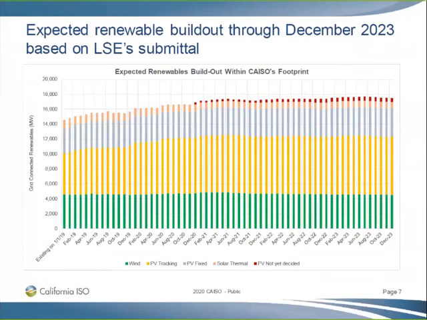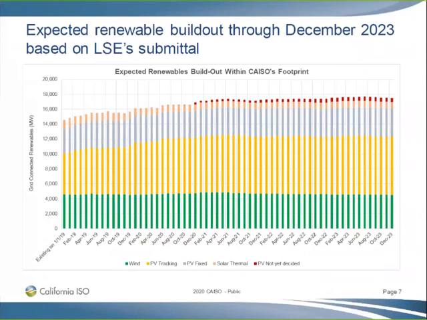Solar PV tracking is increasing, and then we have a slight increase in the solar PV fixed. We still have some that's not really decided if they're going to be PV fixed or tracking, and those are shown in red. So far, we have not seen an increase in the solar thermal. As a matter of fact, we saw throughout the years a slight reduction in solar thermal within the ISO's footprint. Essentially, this is the data that we use to calculate the flexible capacity study.